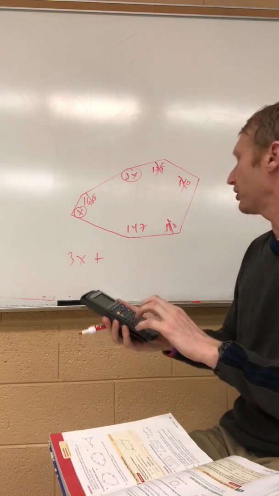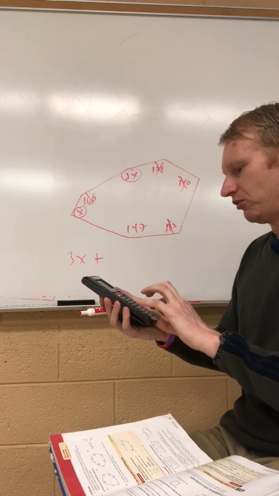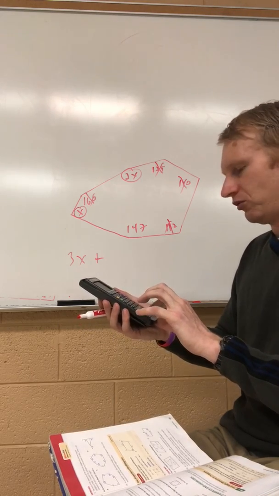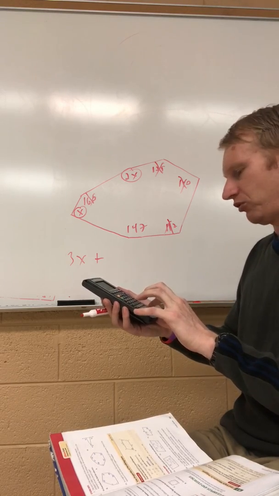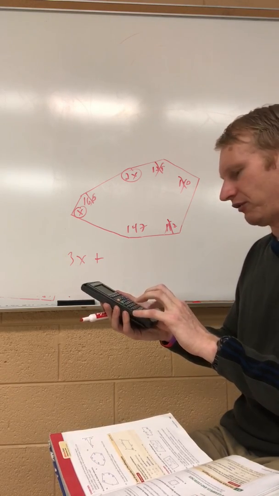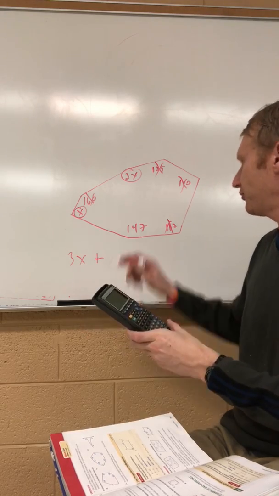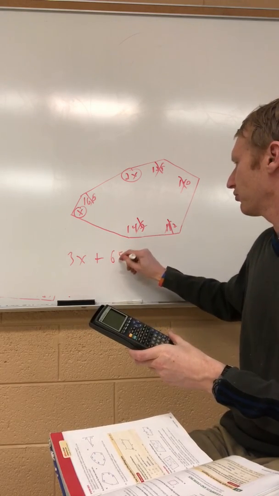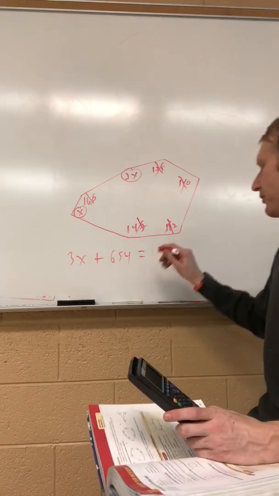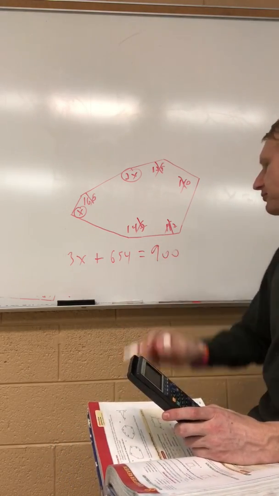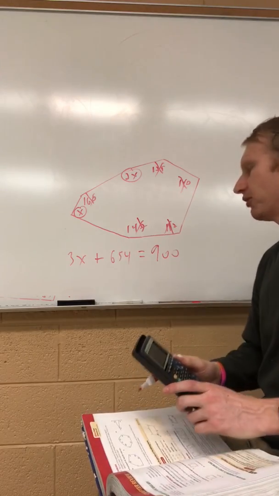Of course, I hit the wrong button on the calculator, so I have to redo that. 160 plus 125 plus 110 plus 112 plus 147 is 654. We have 3x plus 654 equals 900 total, because all the degrees have to add up to 900.